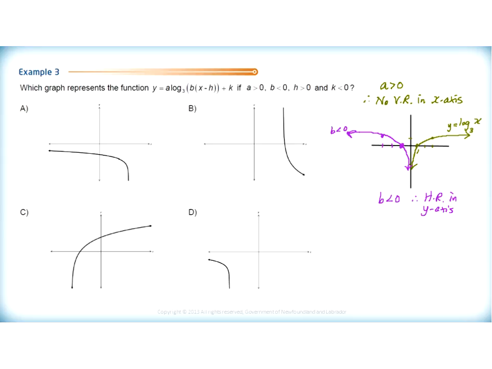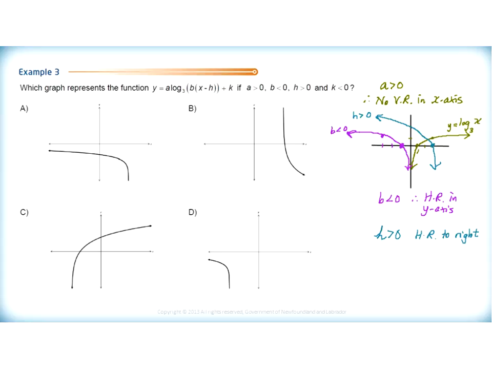When h is greater than 0, that means that we have a horizontal translation to the right. So we have to take this graph and move it to the right somewhere. It doesn't really matter where, but everything in the graph has to be moved to the right. So that's the result because of h greater than 0.